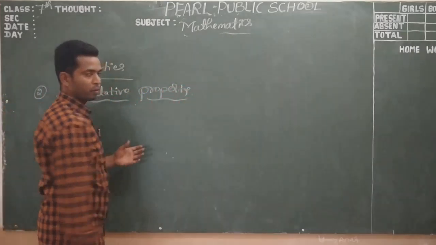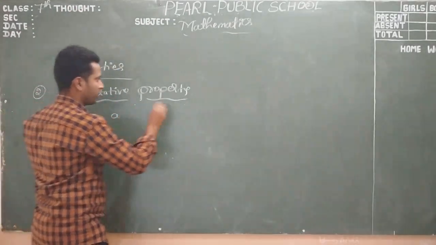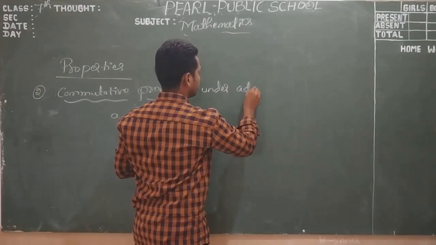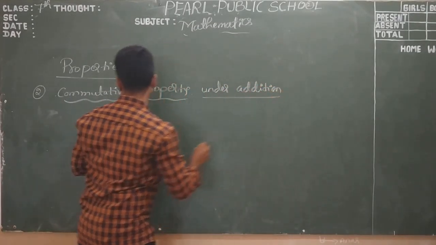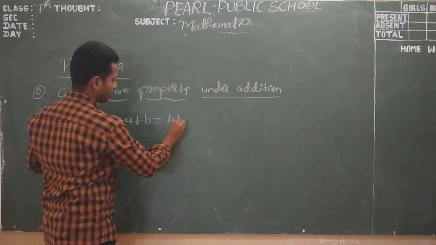Commutative property states that, under addition, a plus b is equal to b plus a.